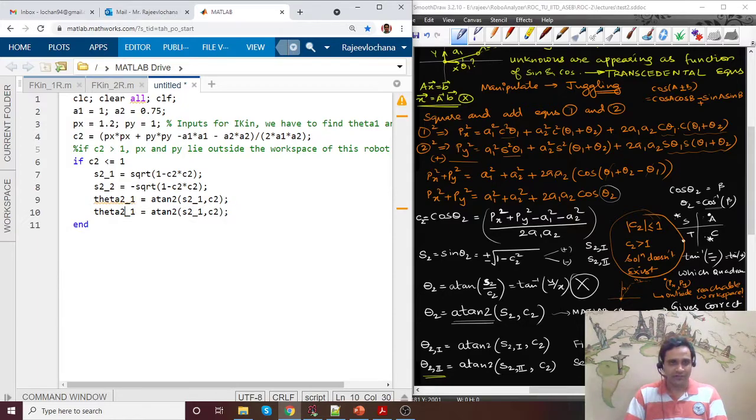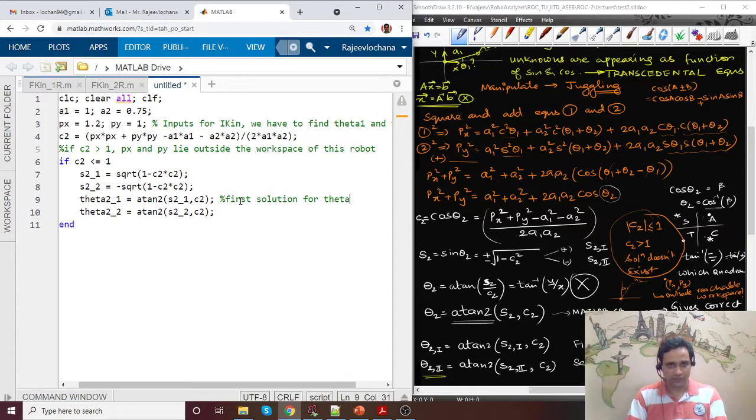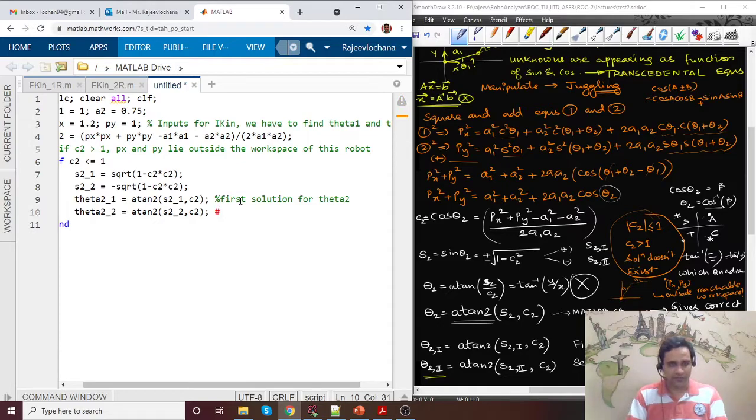Similarly, the second set of theta 2 is when you take the second set, S2 underscore 2. So you will have the first solution for theta 2, and similarly, the second solution for theta 2.